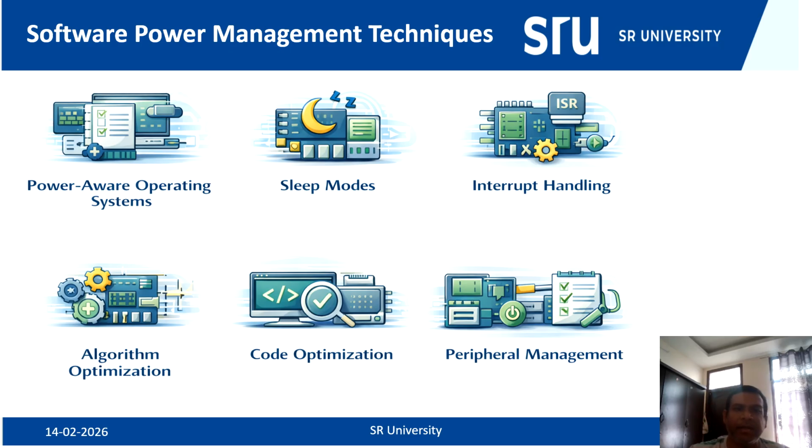Software has direct control over how hardware resources are used, when they are activated, and how efficiently computations are performed. By making intelligent software level decisions, significant power savings can be achieved without changing the underlying hardware.